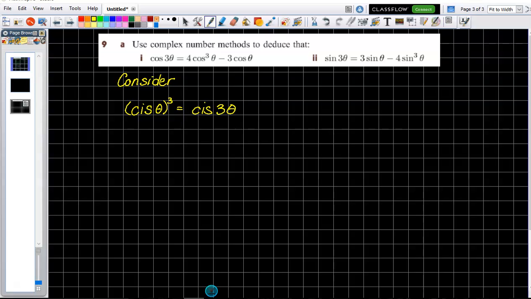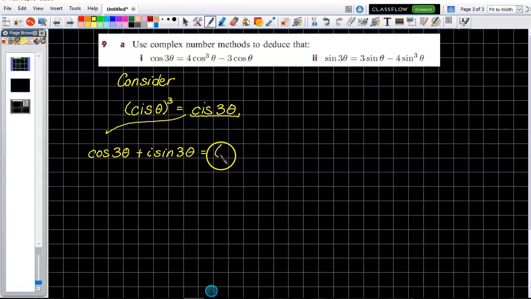So this is what we're going to do. And when I say we, I mean you. When we have cis 3 theta, I should have written it the other way around, but cis 3 theta is cos 3 theta plus i sine 3 theta, and cis theta cubed is, well, I can't put the 3 there because we've already done that.